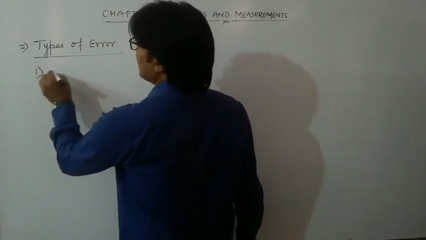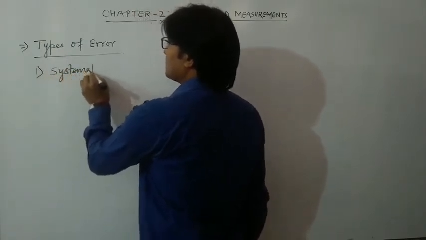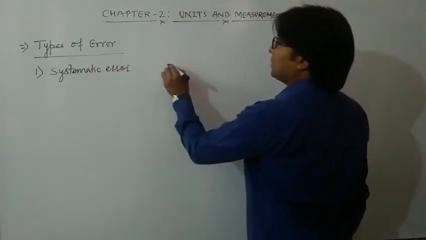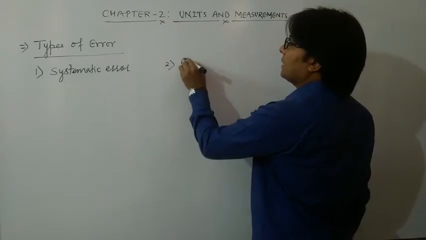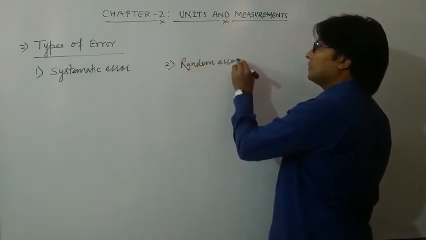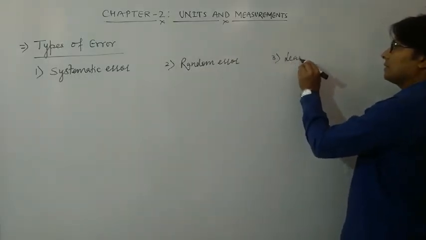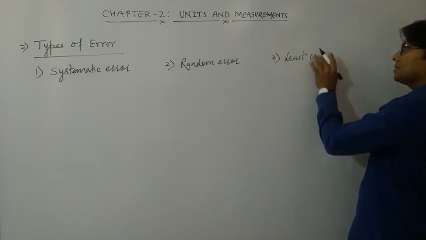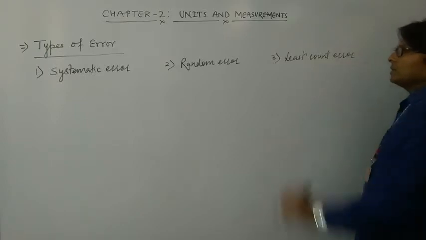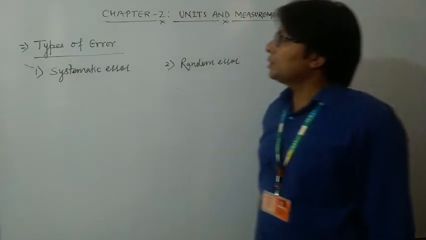First one is systematic error, second one is random error, and third one is least count error. So let us discuss one by one what these errors are all about.